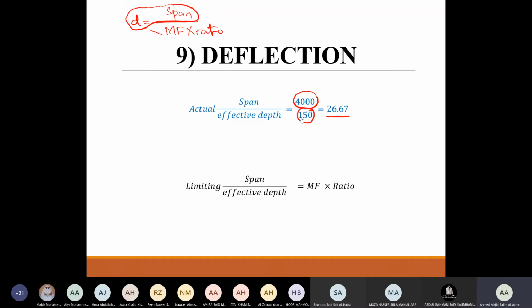So I can bring this one here and say span is equal to d multiplied by modification factor multiplied by ratio. Since I want span divided by depth only, span divided by depth should equal modification factor into ratio. Are we clear?